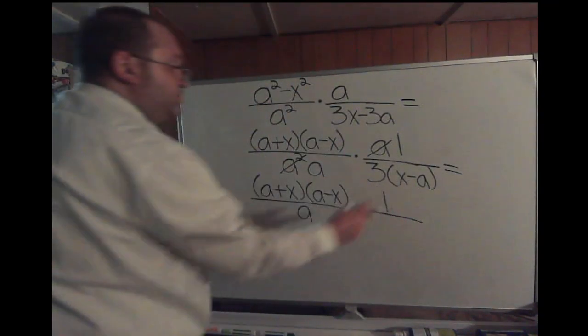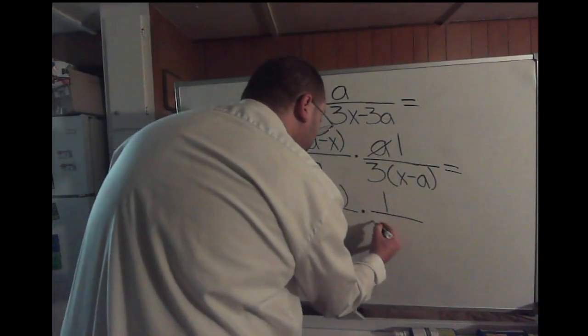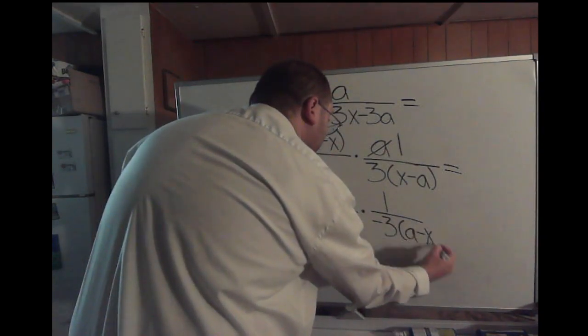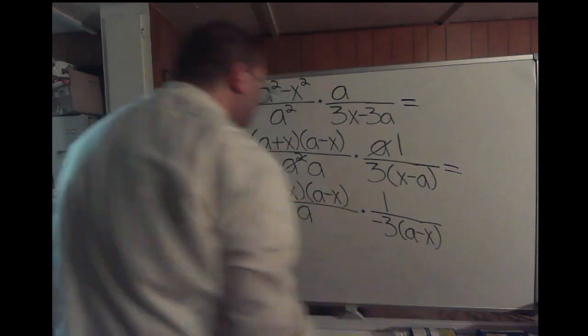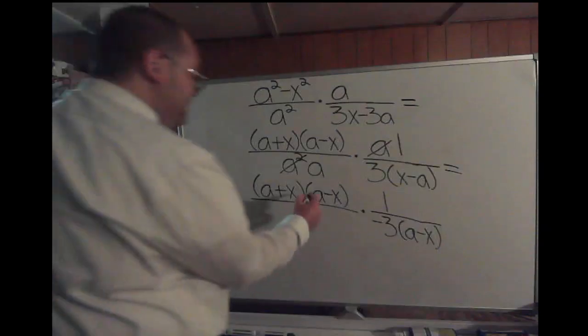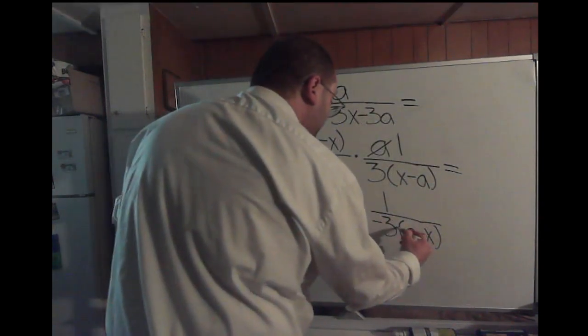Now you factor out your negative 1 with the x minus a, you would get negative 3 times a minus x. Well, we can clearly see now that there is a common a minus x. Those will go bye-bye.